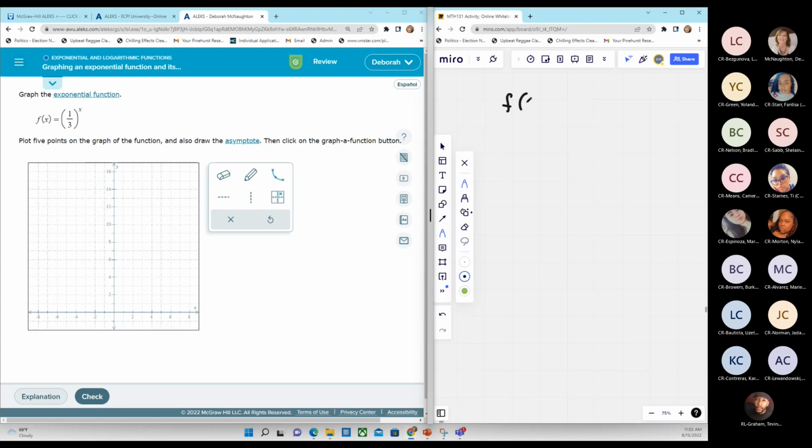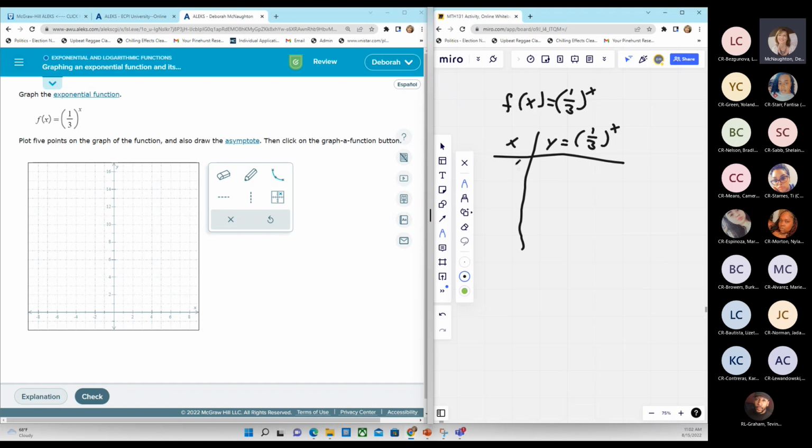f of x equals 1/3 to the x. So again, we make a table of x and y values where y is 1/3 to the x.